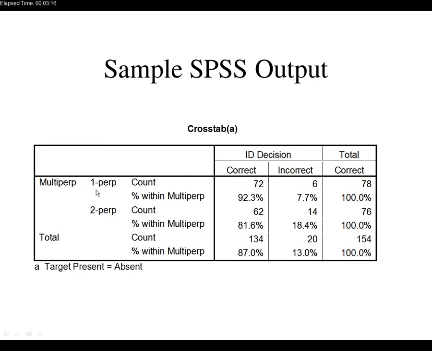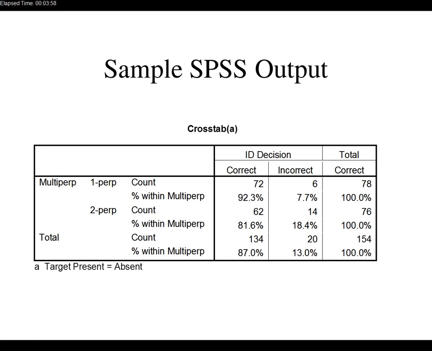So in the one perpetrator condition, when there was only one perpetrator doing a holdup, for instance, 72 people made correct decisions at 92.3%, and that's the observed frequency, and people made incorrect decisions at 7.7% right here. When we introduced another perpetrator, correct decisions went down to 81.6%, and incorrect decisions increased to 18.4%.